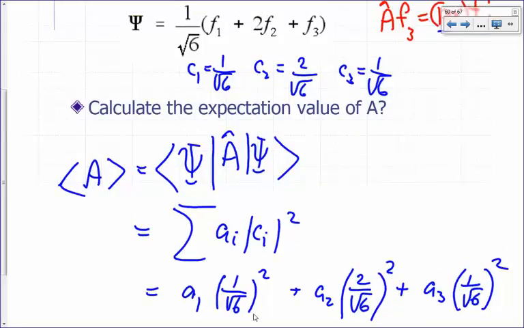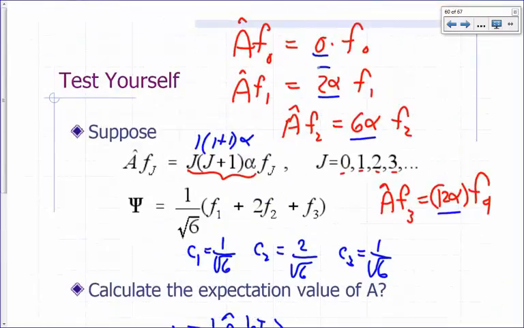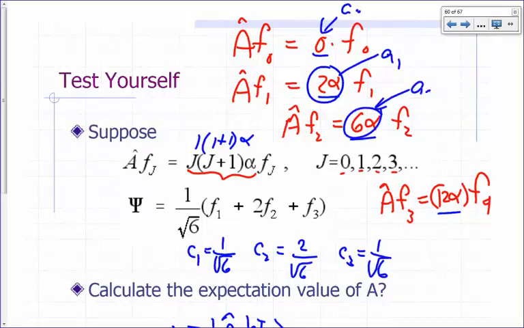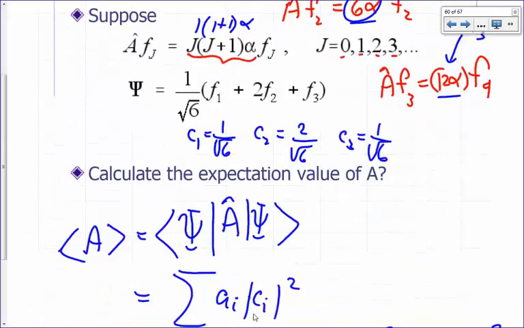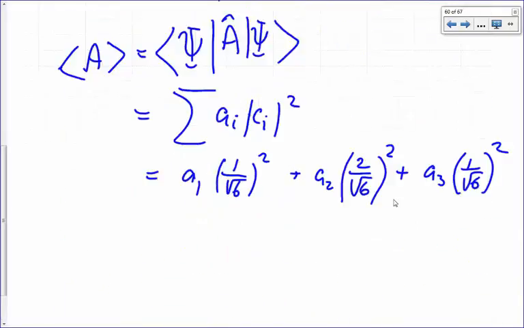So what is A1? A1 is 2 alpha, A2 is 6 alpha, and A3 is 12 alpha. Note that we're ignoring A0, A4, A5 and others because the probabilities of those would be 0, since the coefficients are 0.